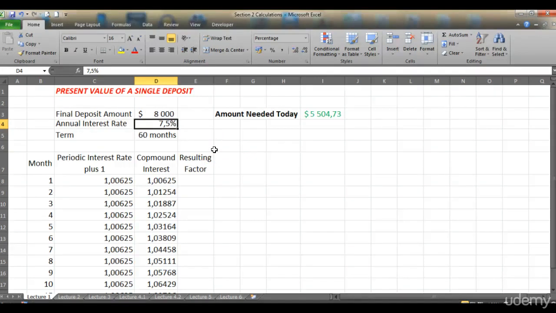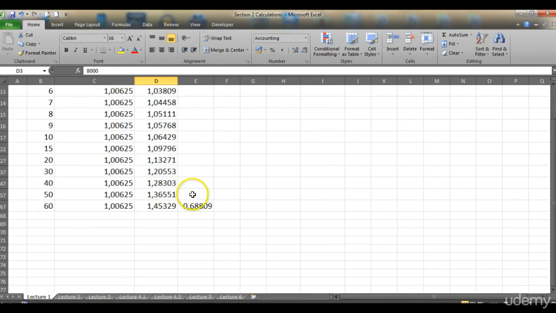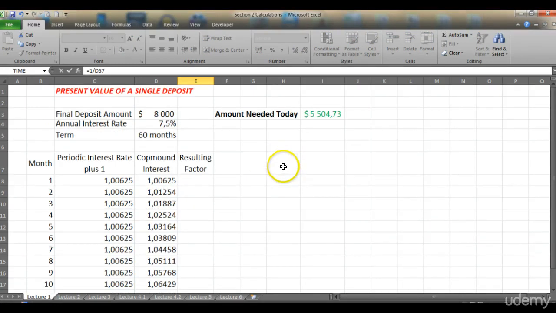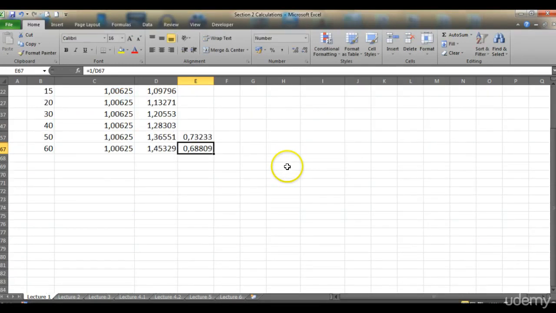However, if you need to alter your assumptions, copy and paste operations are easy to perform. For example, if we want this target amount of $8,000 in 50 months instead of 60, here we just have to enter the formula 1 divided by the compound interest of amount 50.